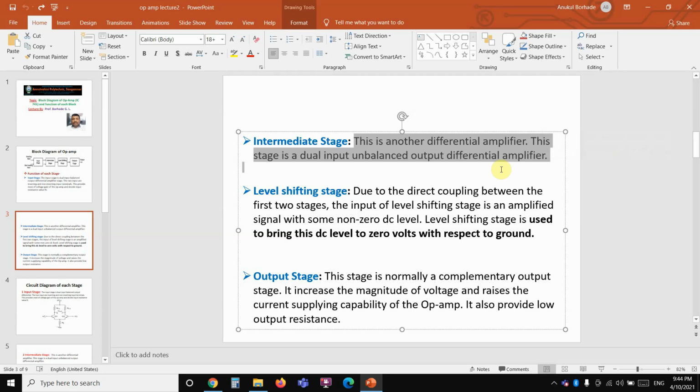What is the meaning of differential amplifier? It amplifies the difference between two inputs, same as the input stage.